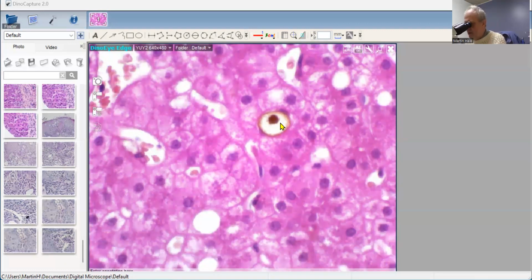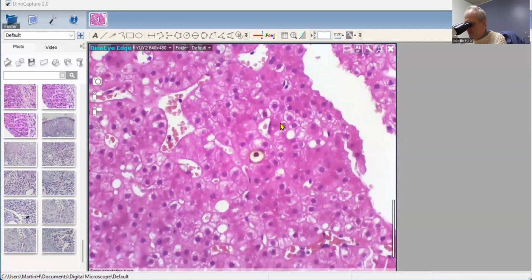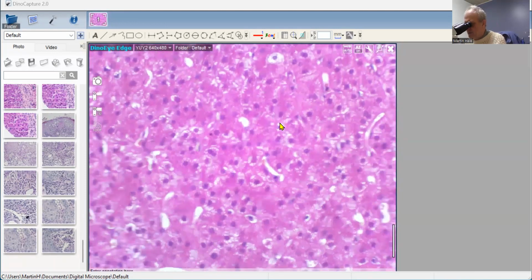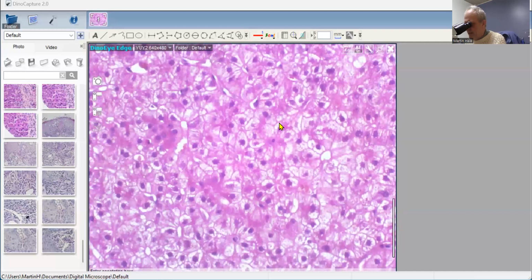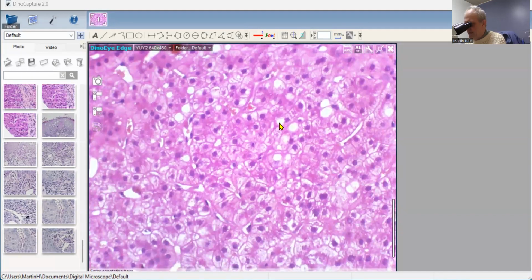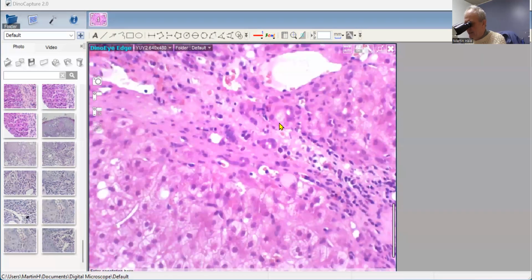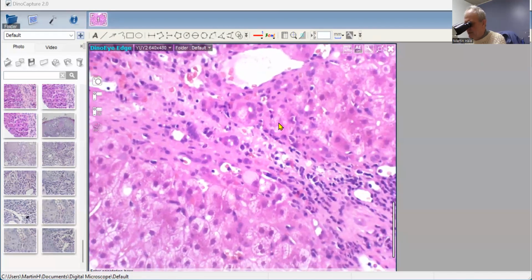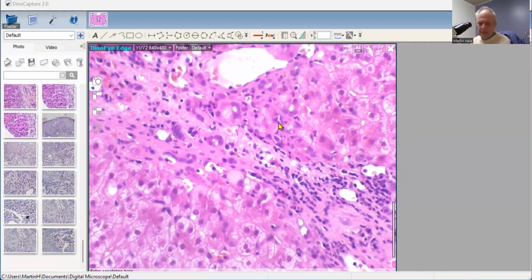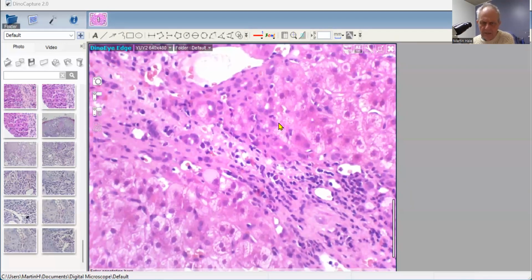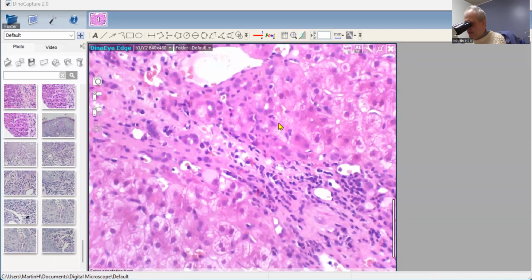So putting that combination together of the bile ductular proliferation plus the neutrophils plus the bile plugs, and the plasma cell infiltrate, what we're dealing with is a combination of autoimmune hepatitis. But this is not alcohol. This, in fact, is obstruction, large duct obstruction, secondary to chronic pancreatitis.